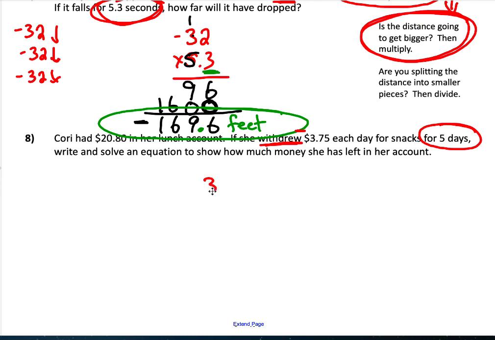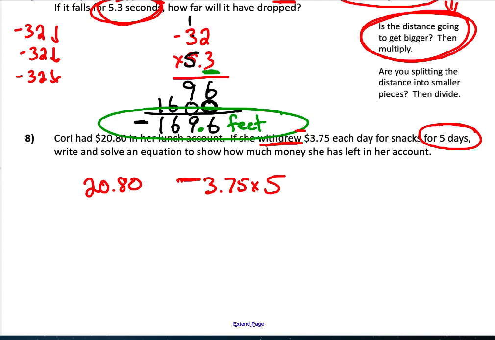Well, she's spending $3.75 each day times 5 days. And then that's coming out of her account with $20.80. So we're subtracting that $3.75 each day for 5 days.